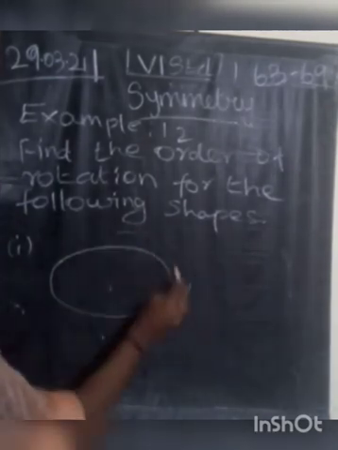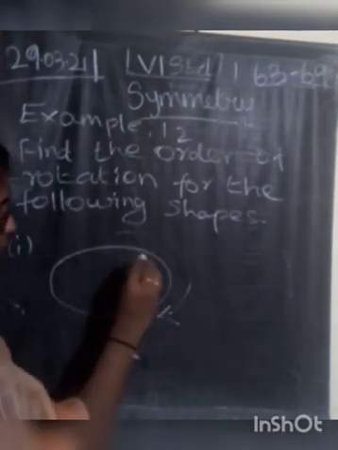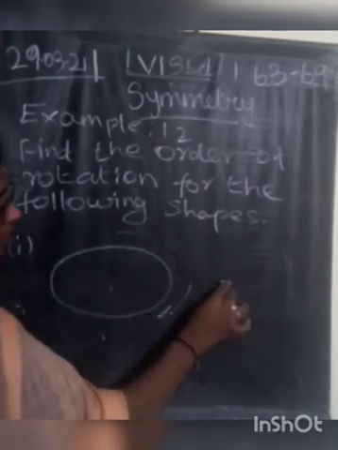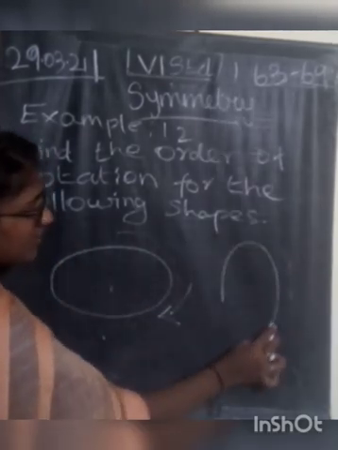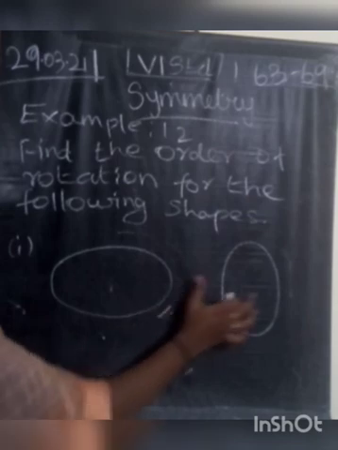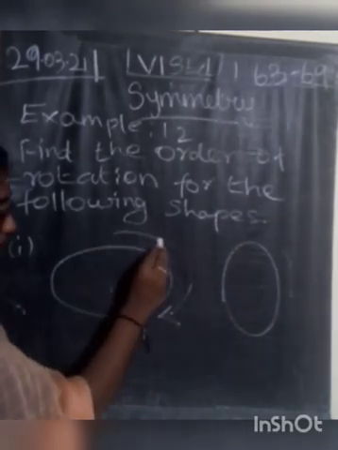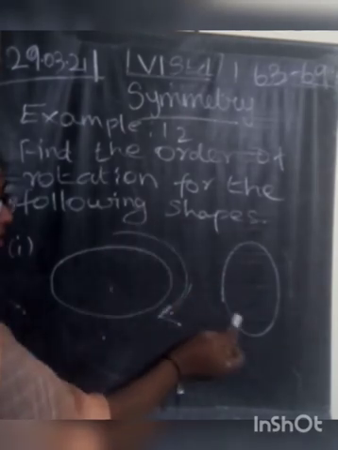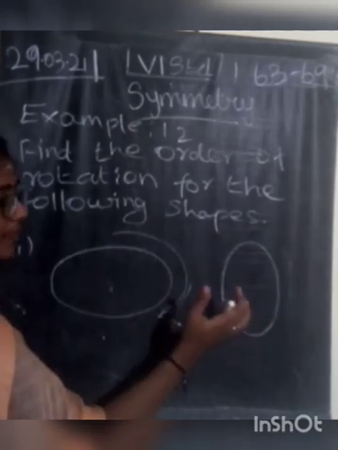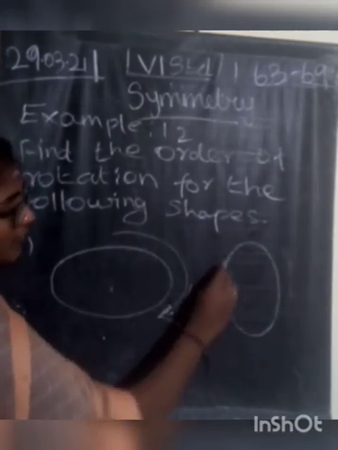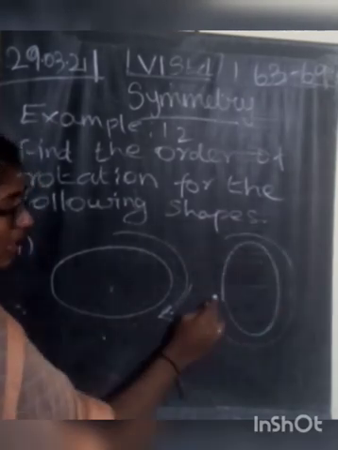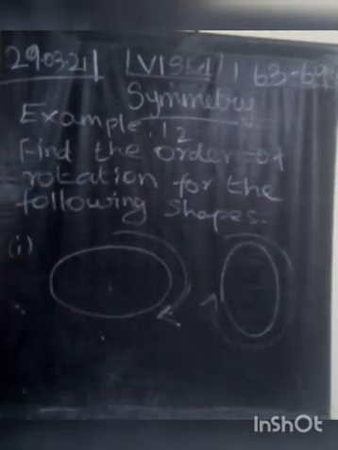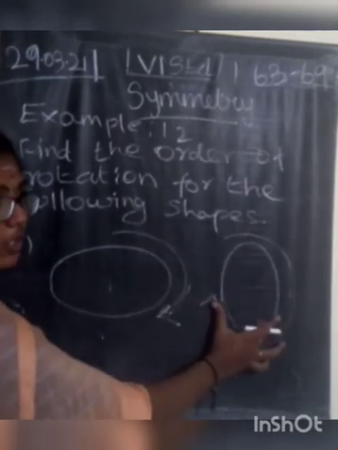First we rotate this and we get a new position. Then we rotate that object until we get the initial position. So this is the initial position, and this is the new position.